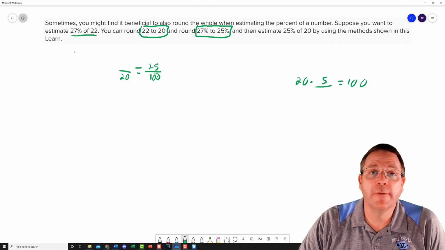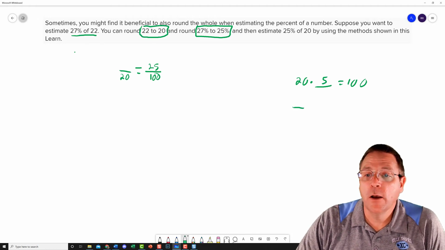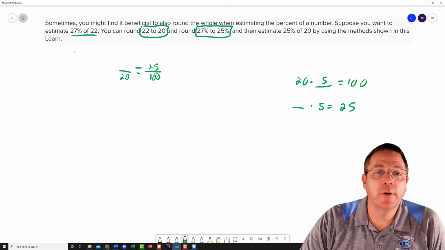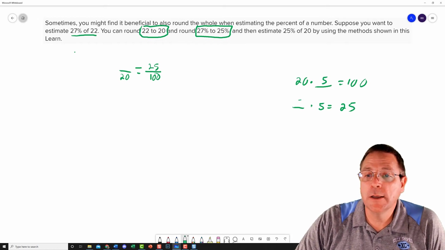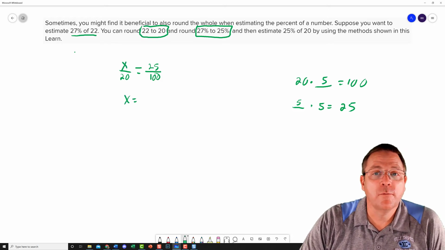Well, that's going to be 5. That's super easy to do in our heads. So now we're going to say what number times 5 is going to equal the 25 that we have right there. Once again, that's going to be 5. So the x value for this one is going to be 5.